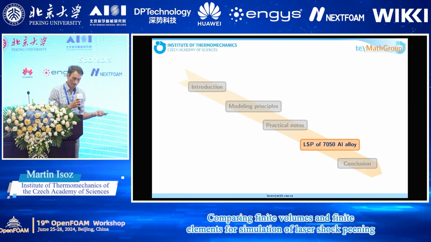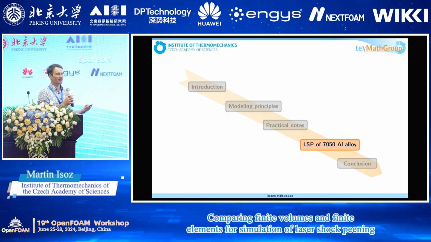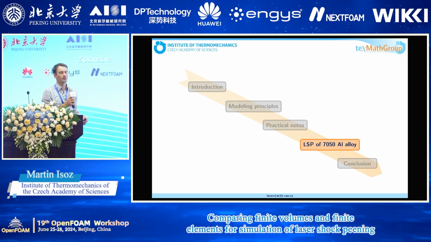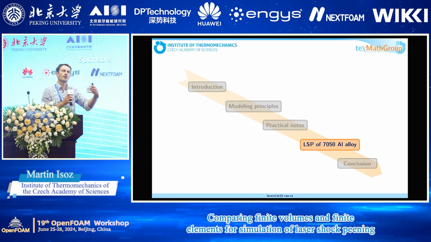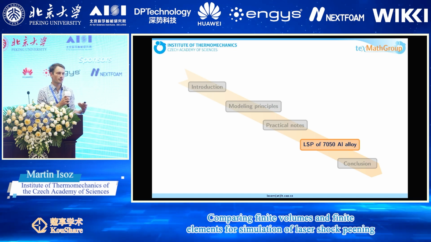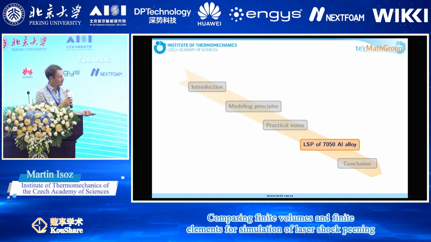But yeah, just to show you the comparison of finite volumes and finite elements. Everything up to now was about using something in applications, but we also wanted to test how we compare with what is available.